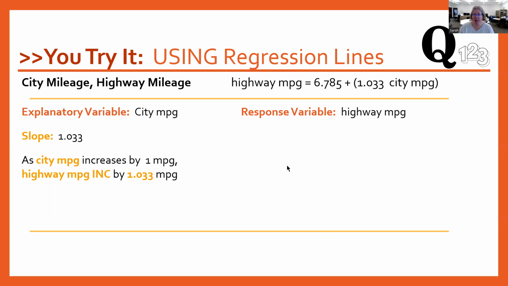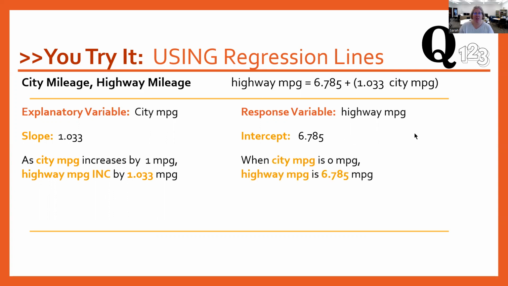And then my intercept is usually the number that's all by itself, so 6.785. Remember that the intercept is when our x is 0, and x is city miles per gallon. So when city miles per gallon is 0, the highway miles per gallon will be 6.785.